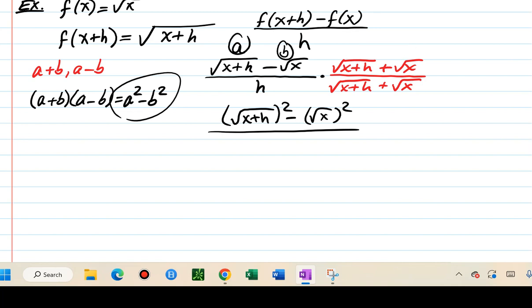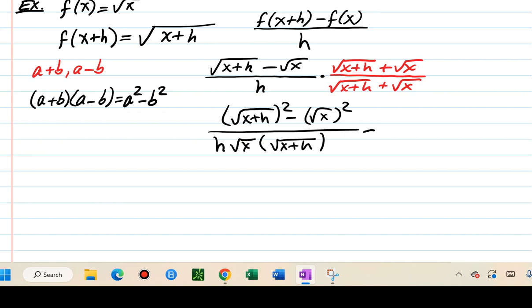And in the denominator, there's really nothing I can do. So I'm just going to carry all these factors: h, root x, times root of x plus h. And in the numerator, we're going to have the square root of x plus h squared, which is just x plus h. The square root of x squared is just x.